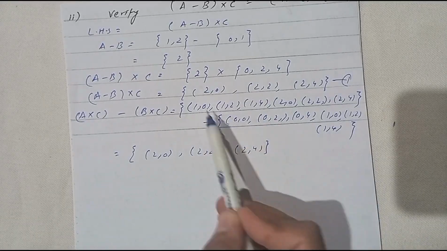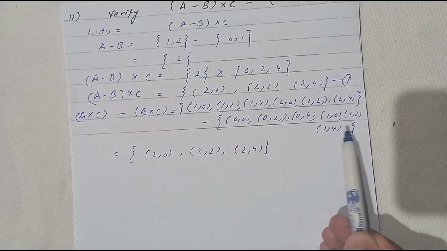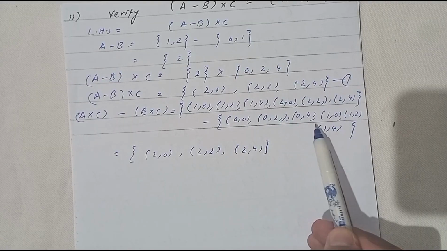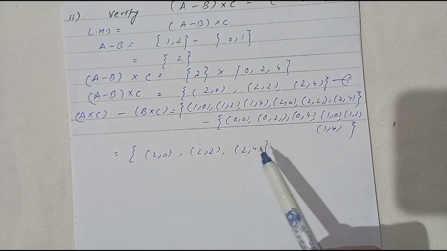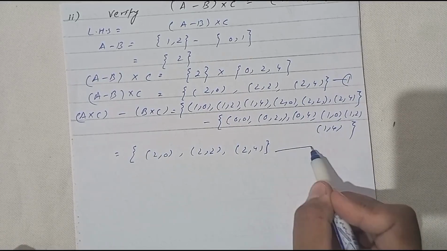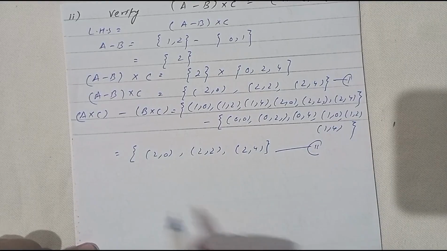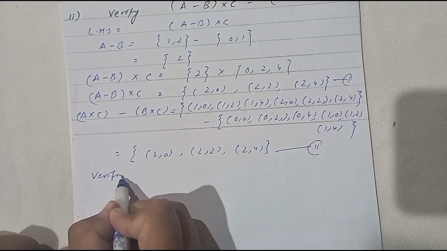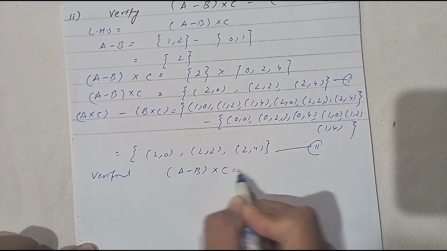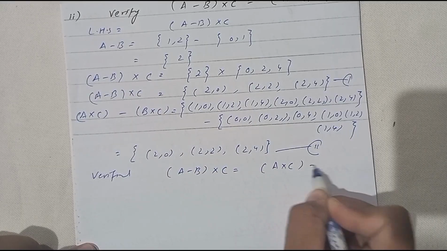As you can see, (1,0) is in both sets, so it cancels. (1,2) and (1,4) are also in both sets, so they are cancelled. So the set contains only (2,0), (2,2) and (2,4). So this is equation number 2, and from equation 1 and equation 2 we say that we verified the left and right hand sides are equal to each other.